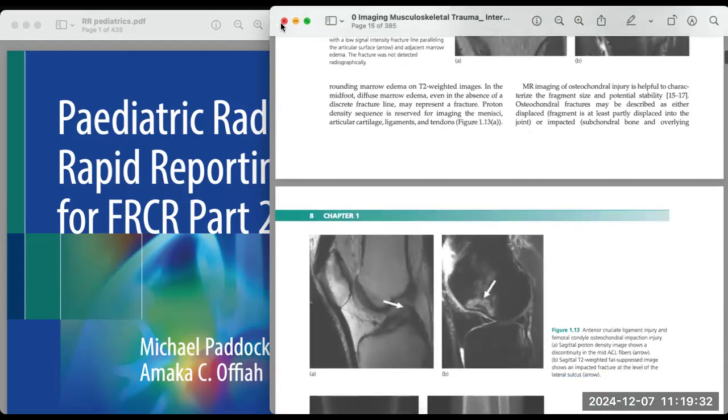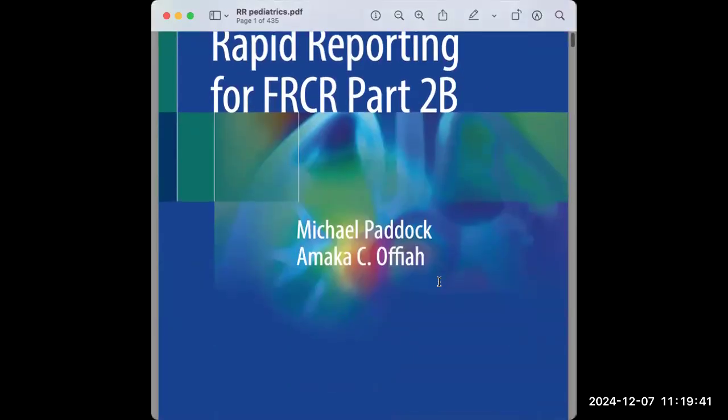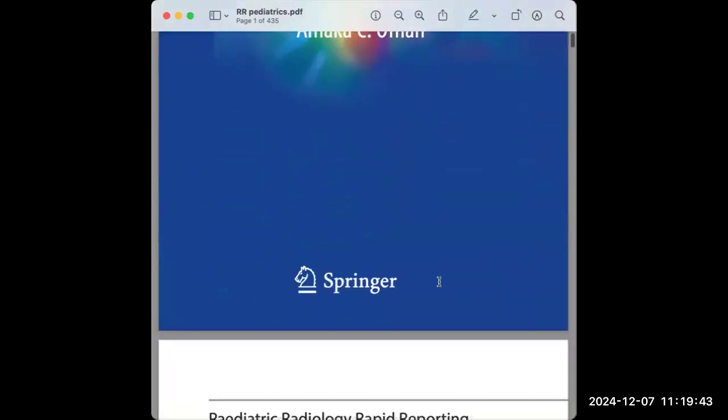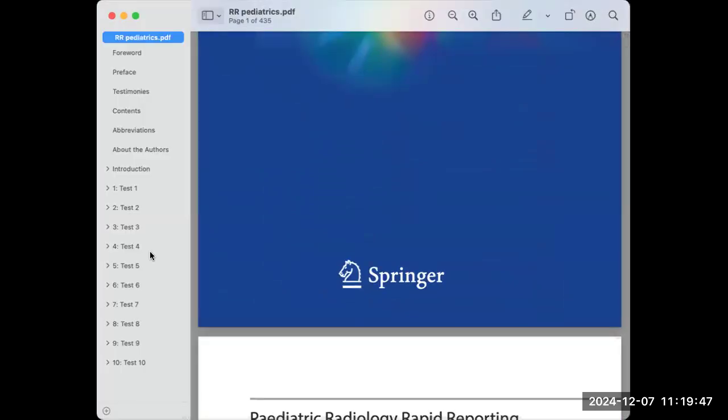Also, one of the very important books, and all of you have to solve it, is the Pediatric Radiology Rapid Reporting book. I think it has 7 or 10 exams. Yeah, it has 10 exams.